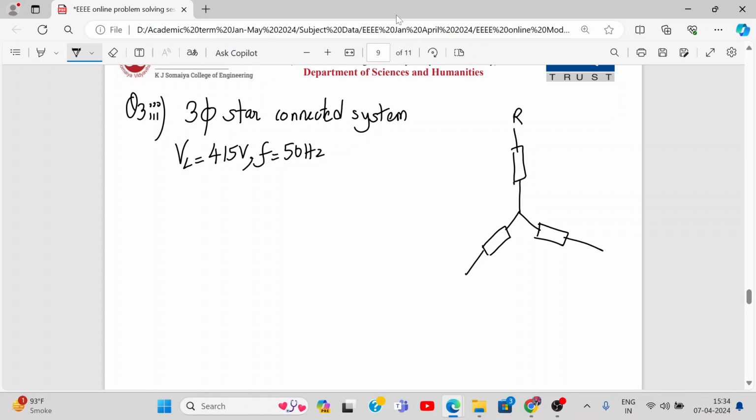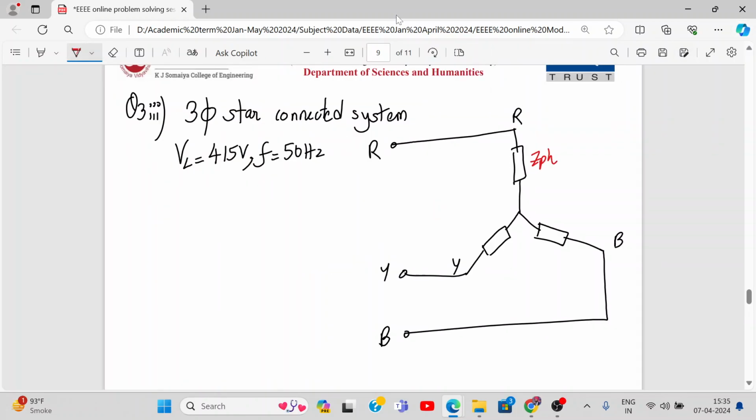So this is R, Y, B phase. This is my load. So what they are saying is each phase, let me call it Z phase, Z phase consists of RLC.